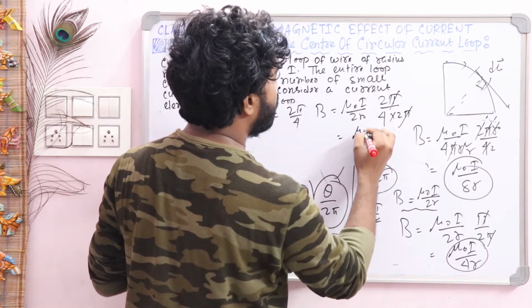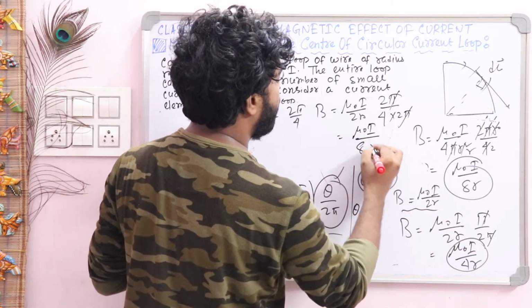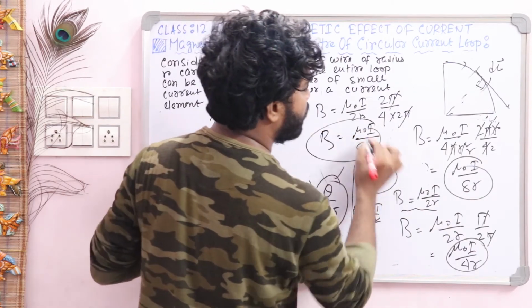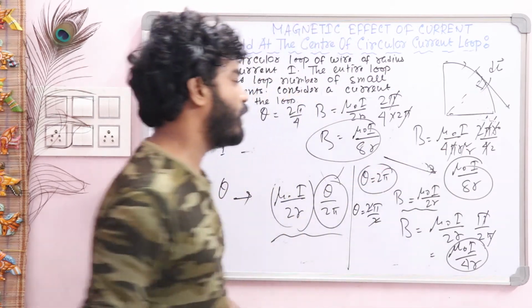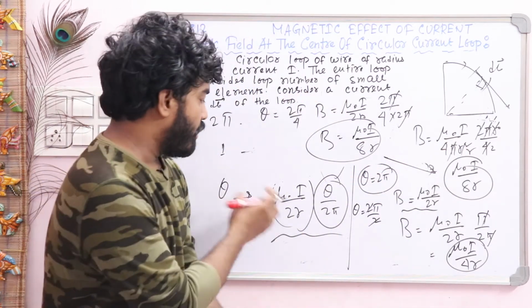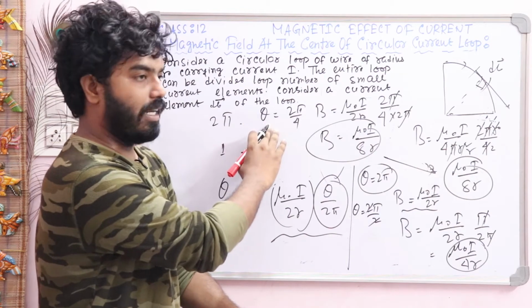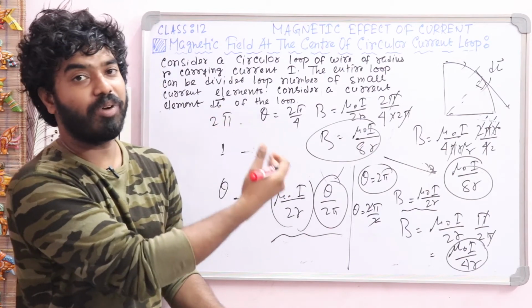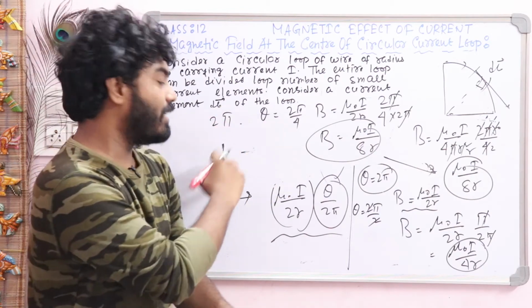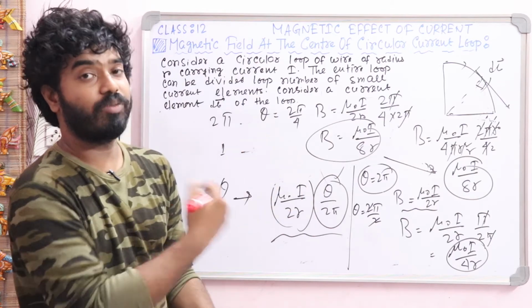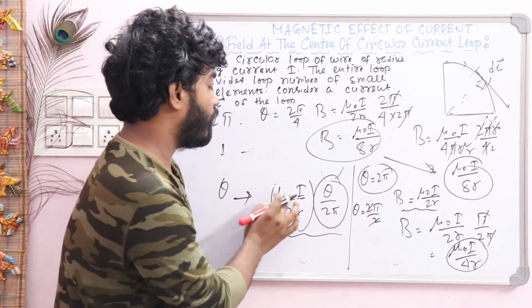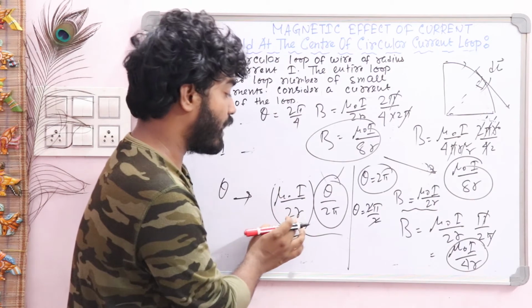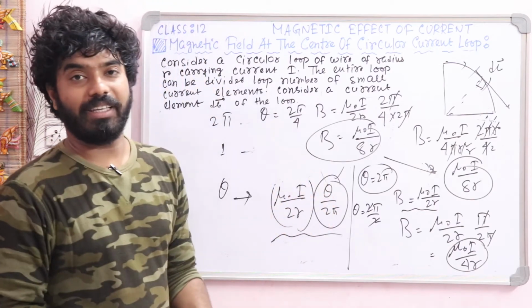So this one is mu naught I divided by 8R. You see, the expression is the same. So the general formula: for 2 pi angle, the value is mu naught I by 2R. For 1 rad, mu naught I by 2R divided by 2 pi. So for theta, the value will be mu naught I divided by 2R multiplied by theta by 2 pi.